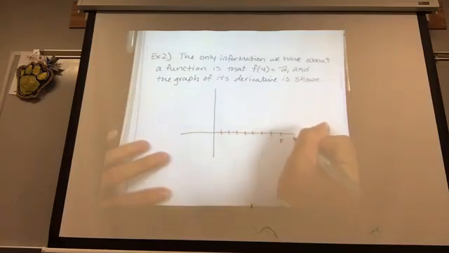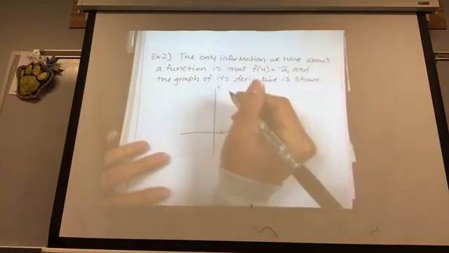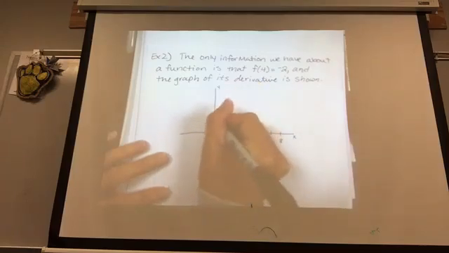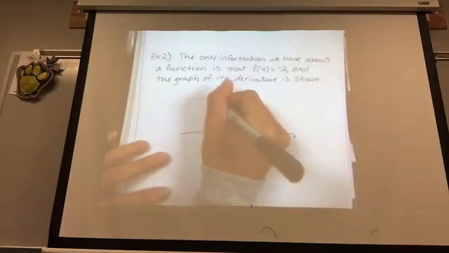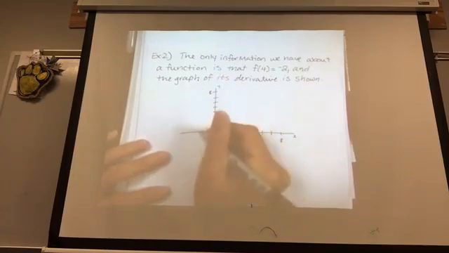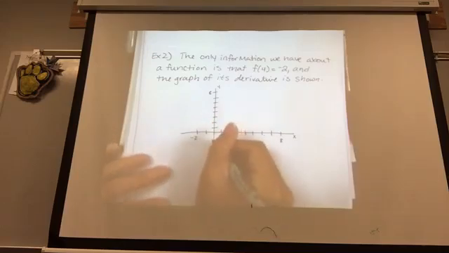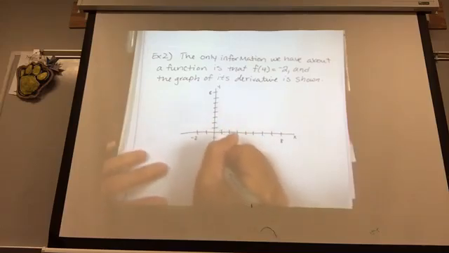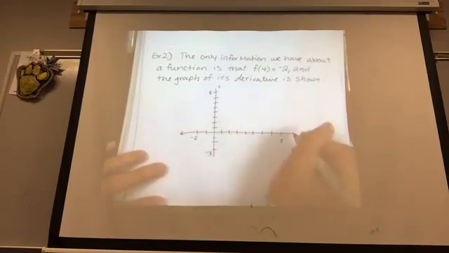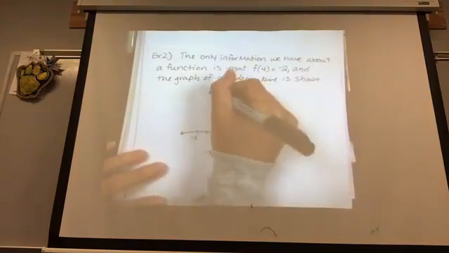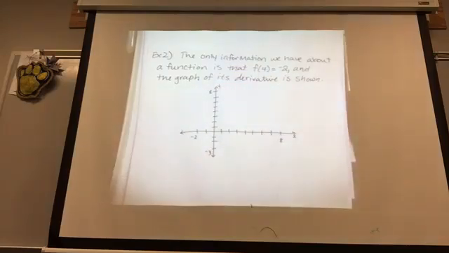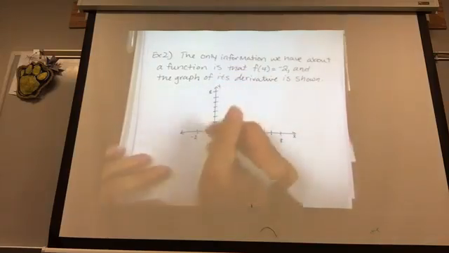I'm just going to go out to 8 on my x, negative 2 on my x-axis, negative 3 on my y. We have a y-intercept at 4.